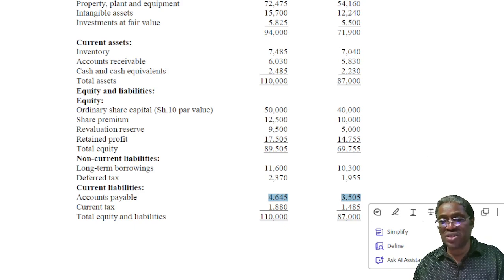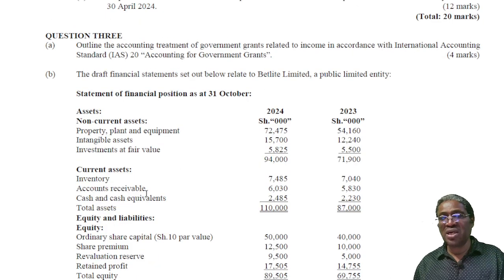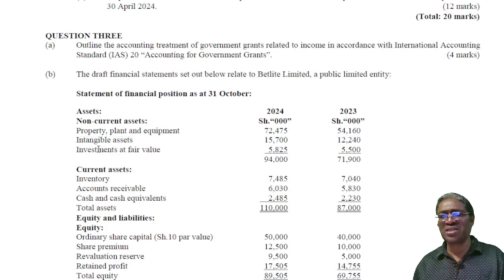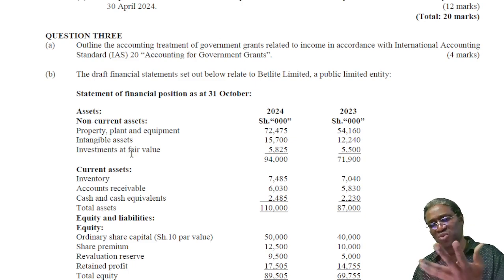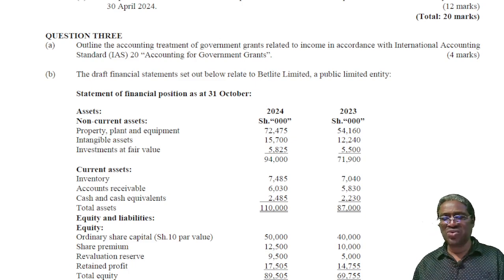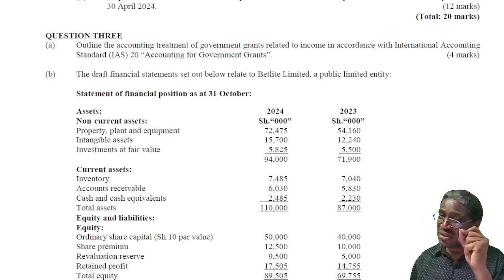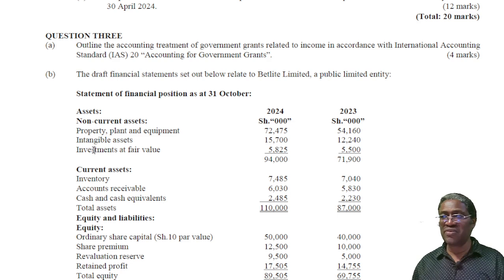In this balance sheet, among the non-current assets, we had property, intangible assets, and investment. Those were the three non-current assets. So anything affecting them will be classified as an investing activity.